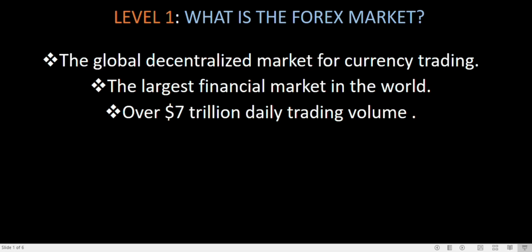So level 1, what is the forex market? The forex market is the global decentralized market for currency trading. This simply means that forex market or forex trading is the buying and selling of global currencies.